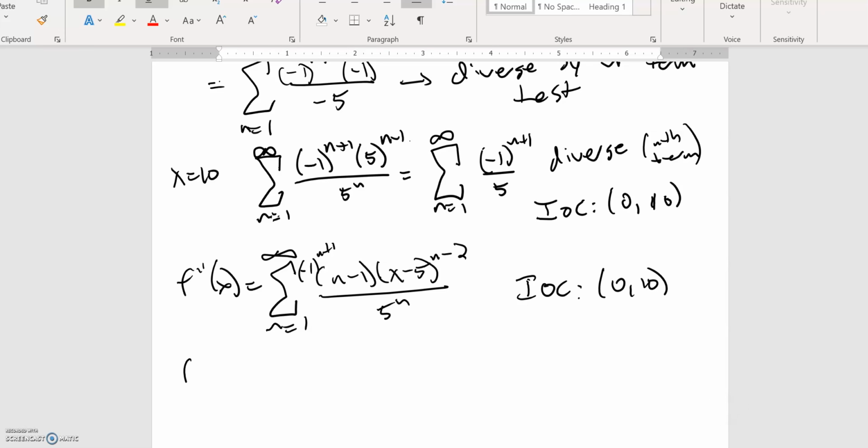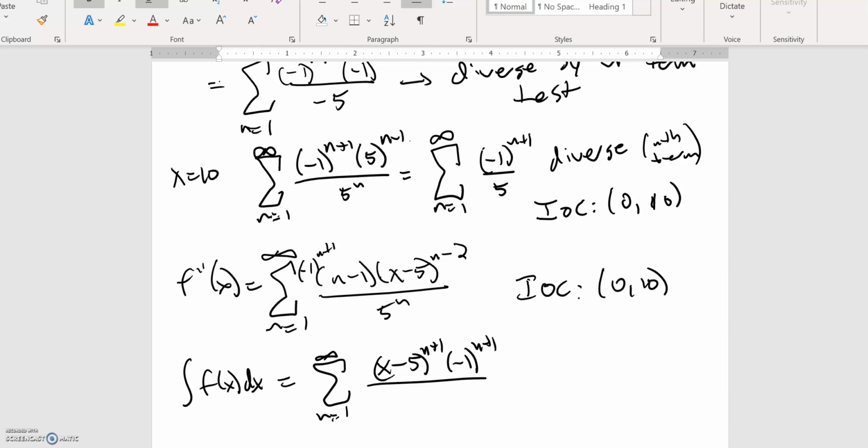And finally, the integral of f of x dx is equal to, and I got that to be the sum n equals 1 to infinity of (x minus 5) to the n plus 1, with that negative 1 to the n plus 1 up there, over n times n plus 1, I hope this is right, times 5 to the n.